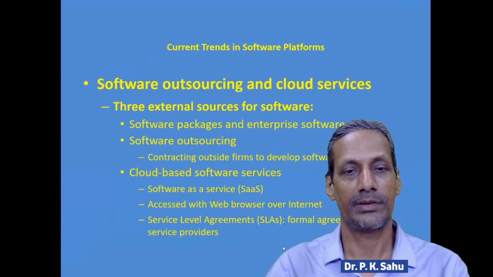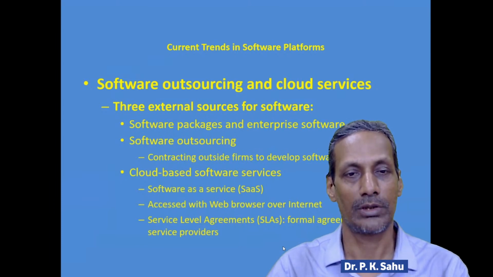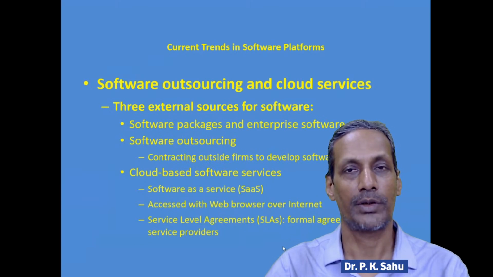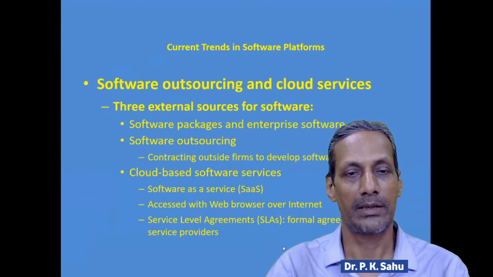Cloud-based software services, such as software as a service, wherein by providing a subscription, you can get access to the most sophisticated software to get your works done. The cloud-based software services can be accessed with a web browser over the internet. So you need to have the SLAs, which are nothing but the formal agreements with the service providers, to make use of the cloud-based software services.